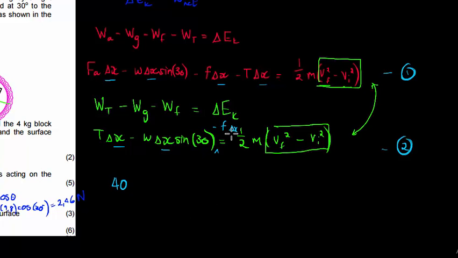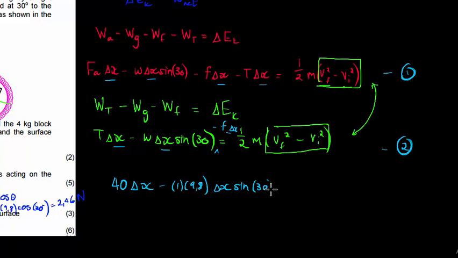Okay, so every term has a delta x in, and since this is going to be a fraction, I can take delta x out as a common factor. So you'll see this works out beautifully. I love it. So we've got 40 delta x minus this. Now the top one's weight is its mass, the mass of the first block, 1 times 9.8 times delta x times sine of 30.